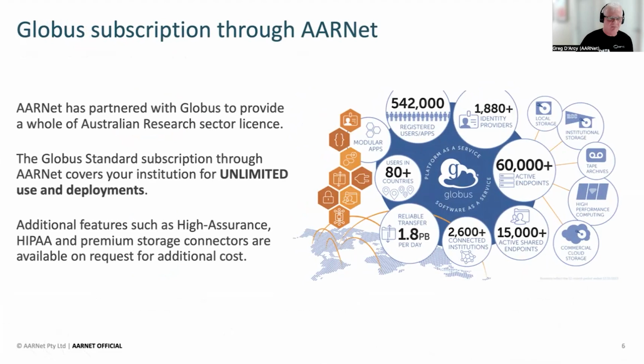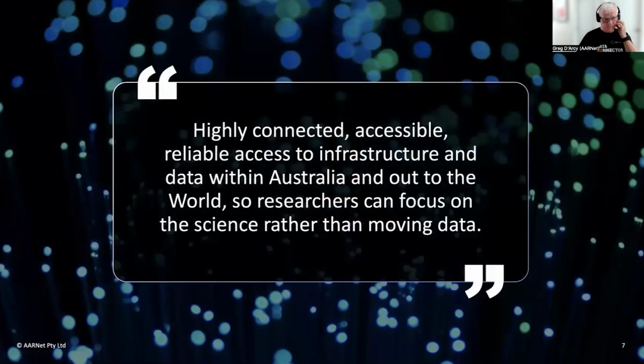So through our partnership with Globus, you can have a Globus subscription, and within that subscription, you can have unlimited usage and endpoints. And as people would probably know, there are different levels of subscription, being high assurance and HIPAA, and various cloud connectors. More than happy to answer any more questions about these later or offline, but I'm assuming this is pretty common knowledge, so I didn't want to waste too much time.